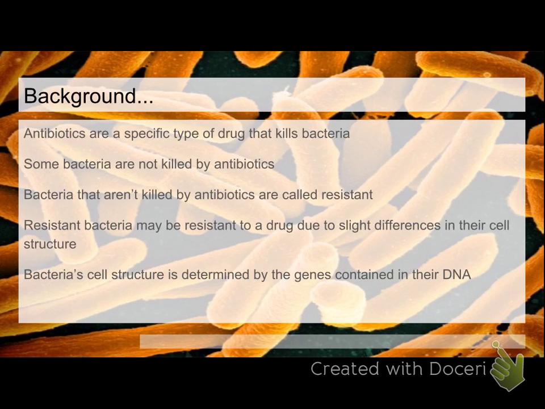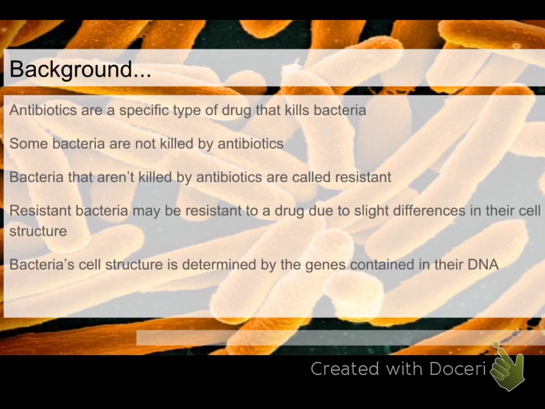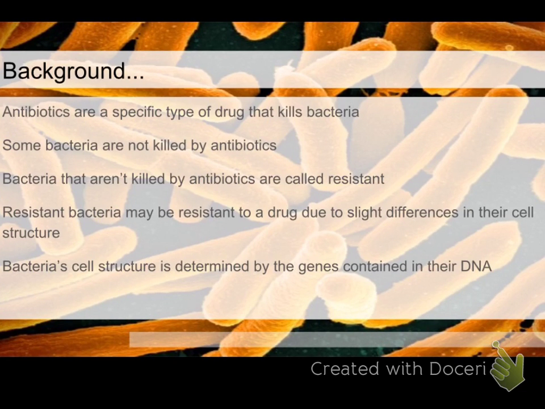So how does this happen? We have to back up to get some other concepts in here. And here's the background that we have to be aware of. Antibiotics are a specific type of drug that kills bacteria. Some bacteria are not killed by antibiotics.